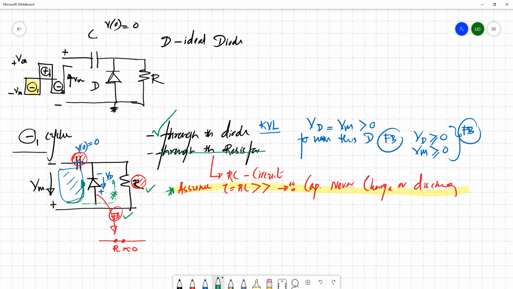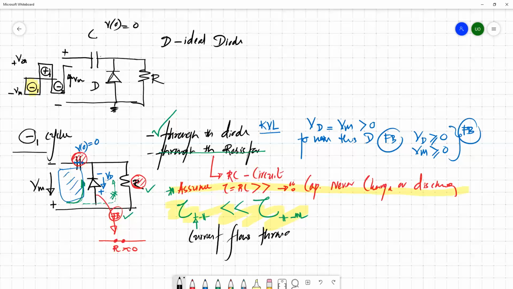The time constant due to the diode-capacitor circuit is very small compared to the time constant through the capacitor and resistor. Based on that, we can say that current flows through the forward bias diode.